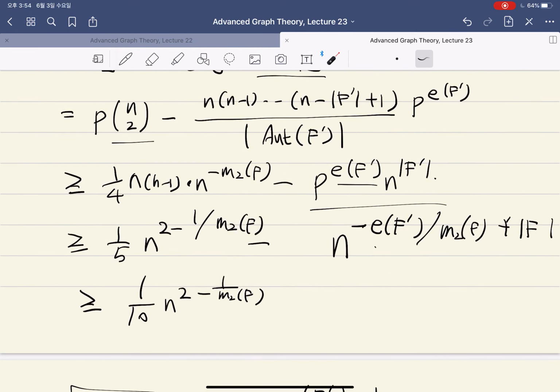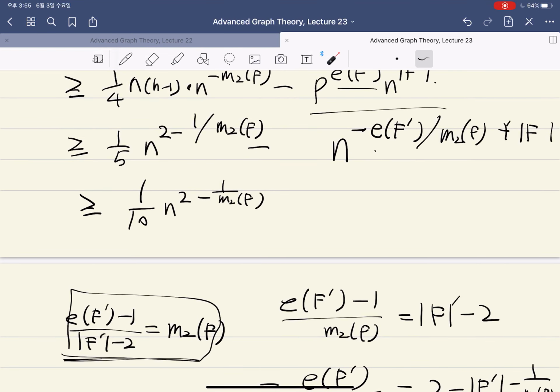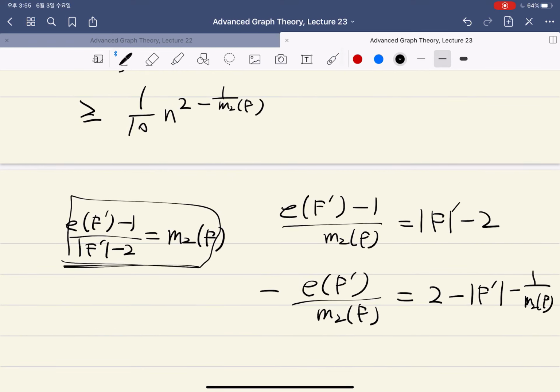Then you can make sure that there is some constant here so that this is actually positive. But let's just forget about the constant for now. So we can make this constant work.